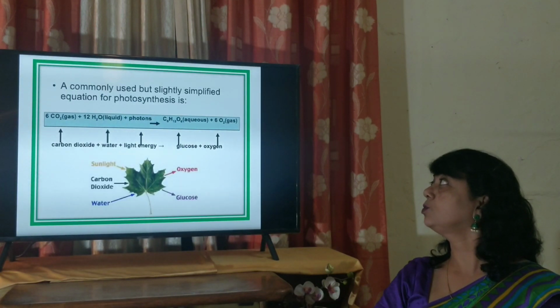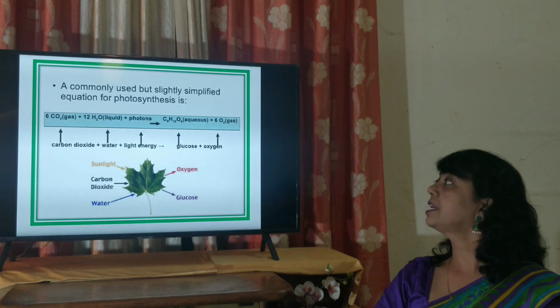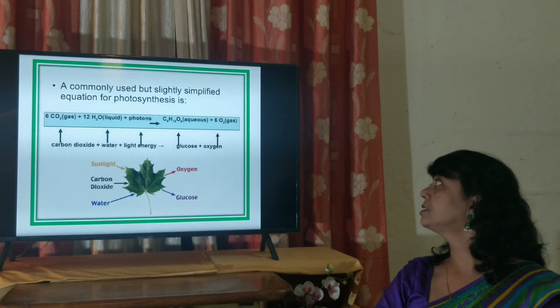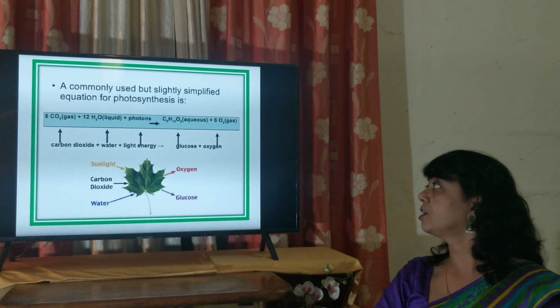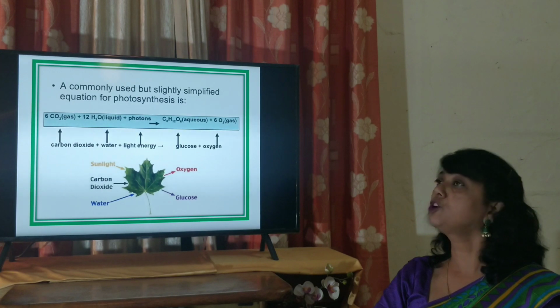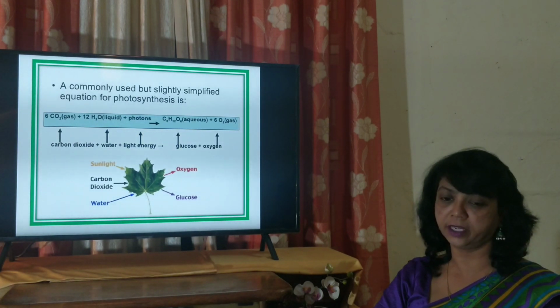A commonly used but slightly simplified equation for photosynthesis is 6 CO2 plus 12 H2O plus photons is equal to C6H12O6 plus 6 O2. CO2 means carbon dioxide, H2O means water, photon means light energy.